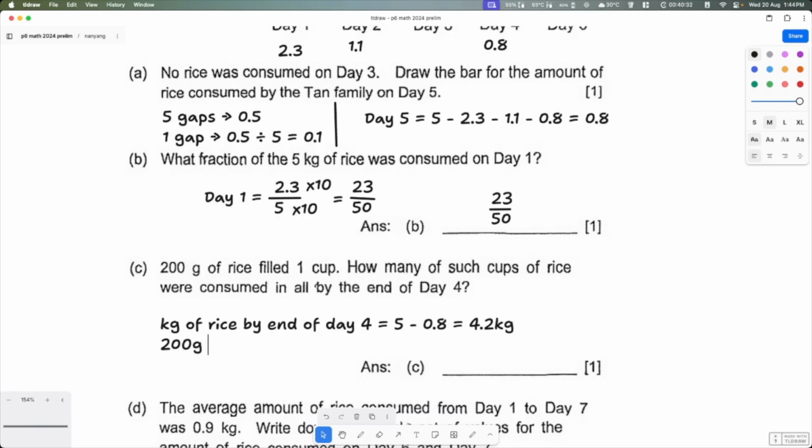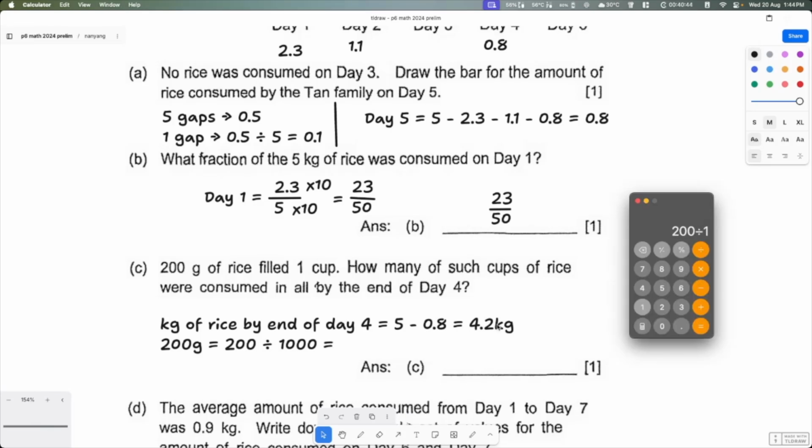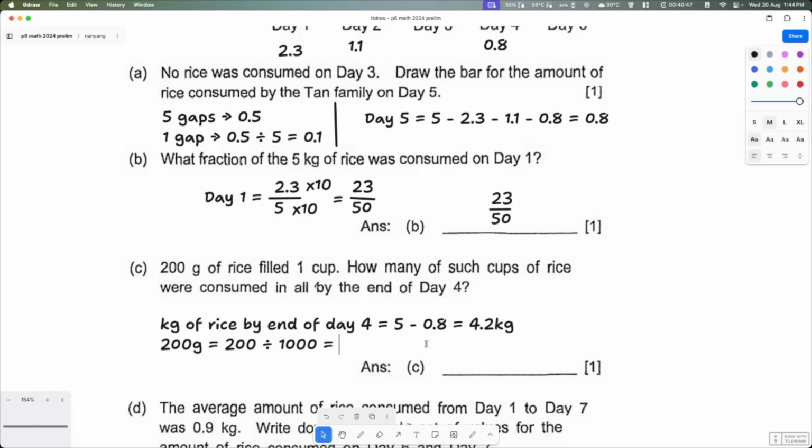So 200 grams is equal to how many kilograms? We divide 200 by 1000. It's not 2000, it's 200. Using the calculator, 200 divided by 1000 is 0.2 kg.